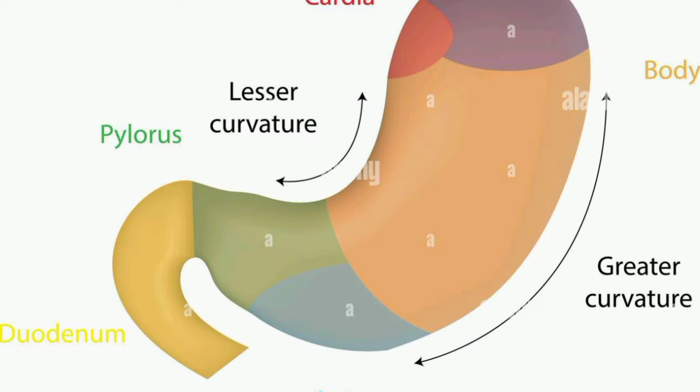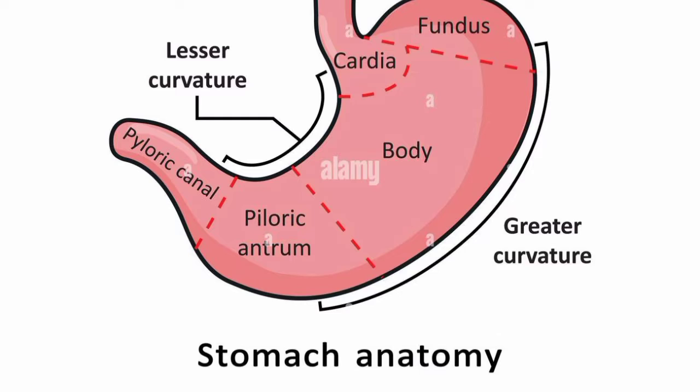Okay, now I will say the second surface of the stomach is the posterior inferior surface.